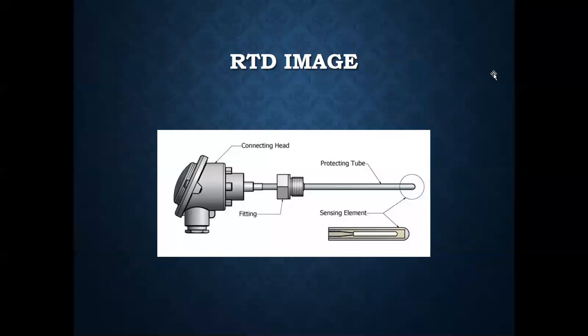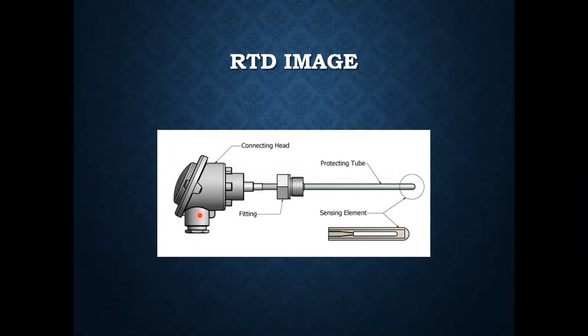So this is the figure of an RTD. You look into that in detail. Here you can see, here we are placing the sensor. Sensing element will be here. Then this is the protecting tube. Then this is for fitting. This is the connecting head of the RTD.